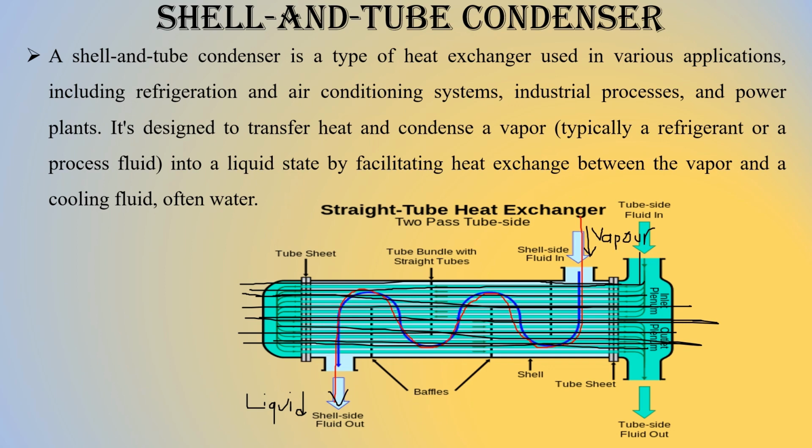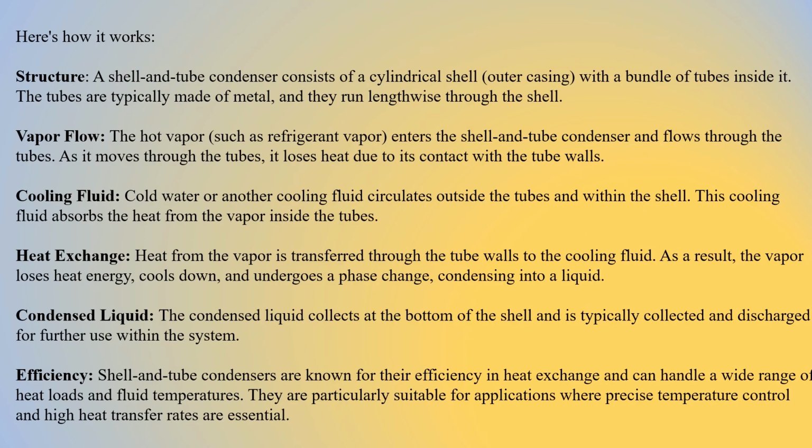Okay, so let's move on to the working. See the structure. A shell and tube condenser consists of a cylindrical shell, that is an outer casing, with a bundle of tubes inside it. The tubes are typically made of metal and they run lengthwise through the shell. The hot vapor, that is the refrigerant, enters the condenser and flows through the tubes. As it moves through the tubes, it loses heat due to its contact with the tube walls.